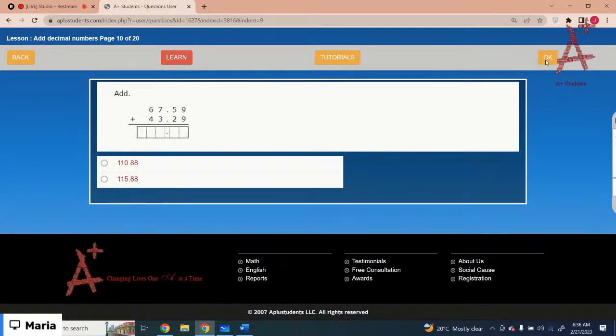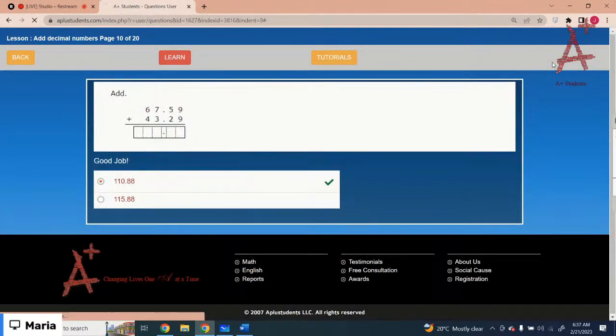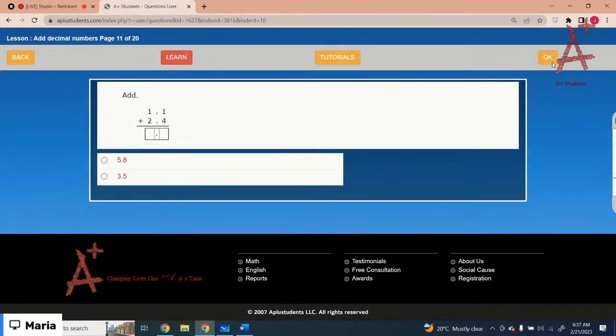Okay, the next one is 9 and 9, 18, 1 carry, 5, 6, 7, 8, 1 carry, 7 and 3, 10 and 1, 11. That is option number 1, 110.88. Option number 1 is the correct option. Okay, 4 plus 1 is 5 and 2 plus 1 is 3.